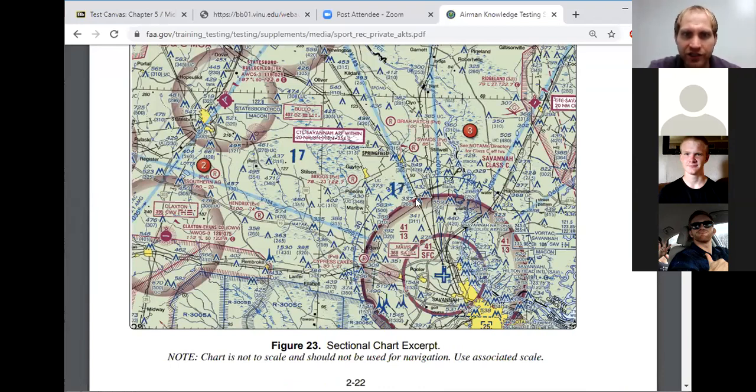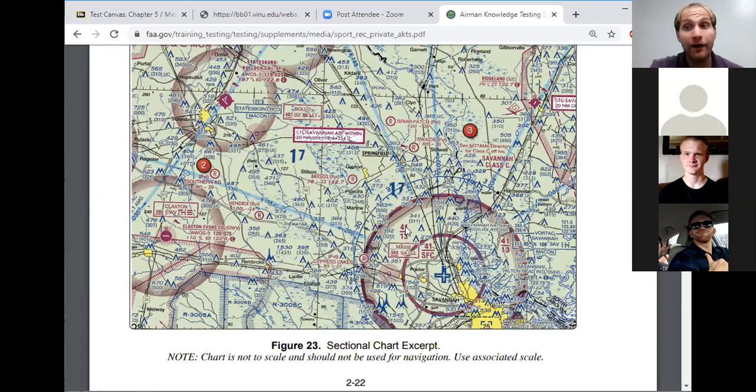So our outer shelf is showing that the floor of the Charlie is 1,300 MSL, to the ceiling, 4,100 MSL. So there you go. That's what's going on here with Savannah Charlie outer shelf.